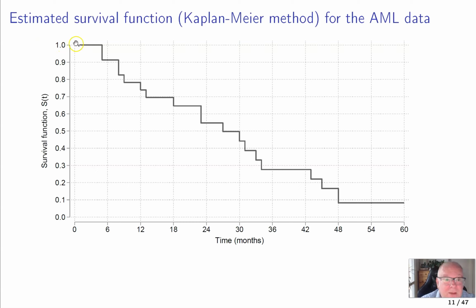So at time 0, everybody is alive. So the survivor function is 1. And as time progresses, the survivor function drops. And I'll go through in detail how we estimate this function.